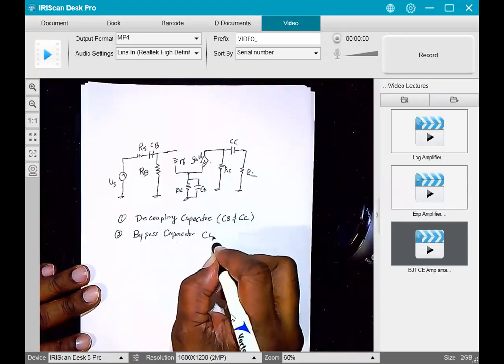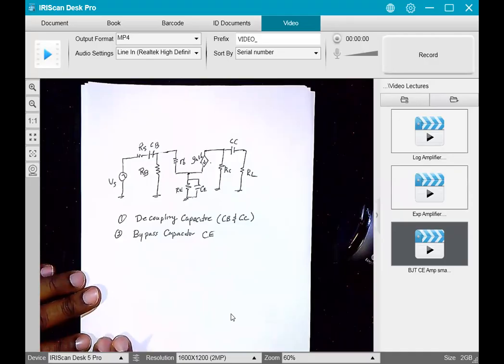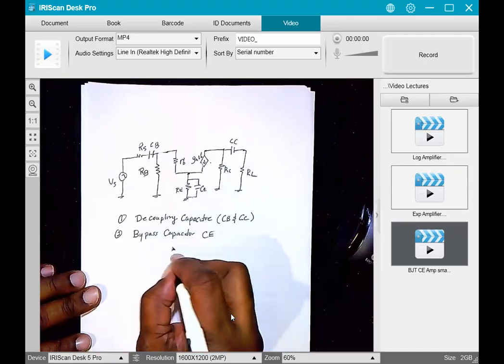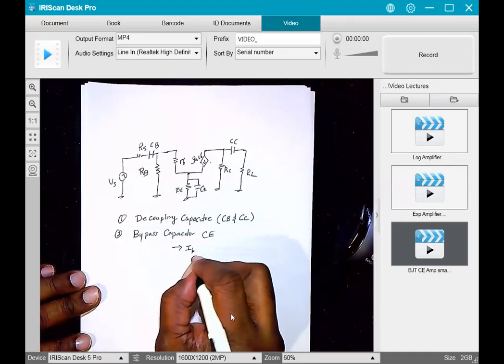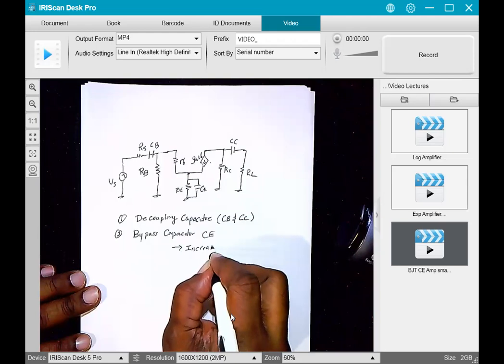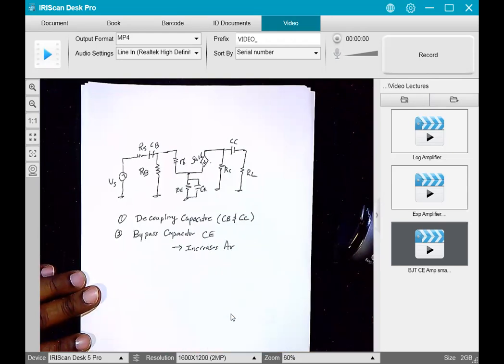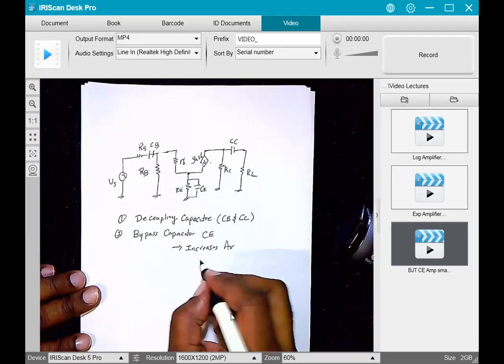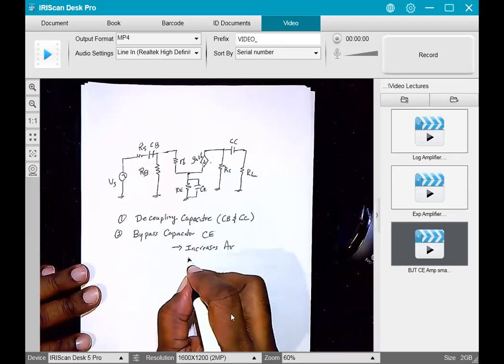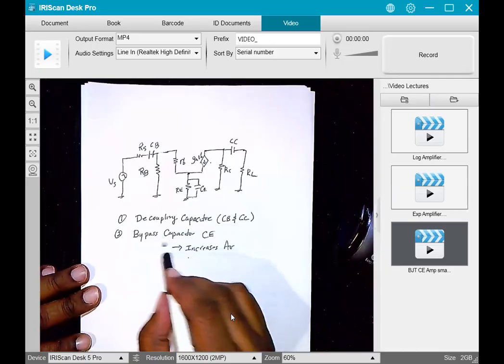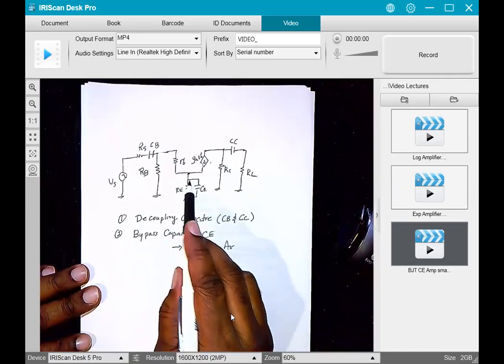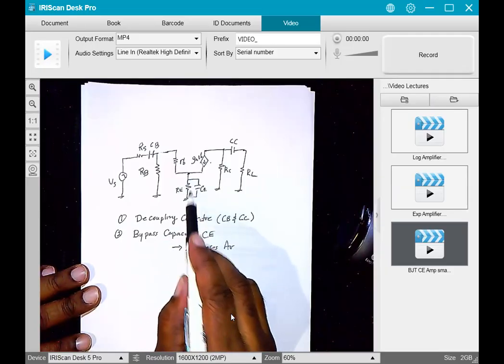And that is CE. The other thing that CE does is increases the gain. And it does that by basically, well, it's a bypass capacitor. So it's bypassing RE and making this look like it's not here.